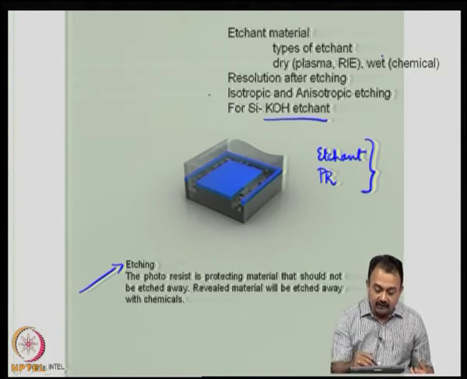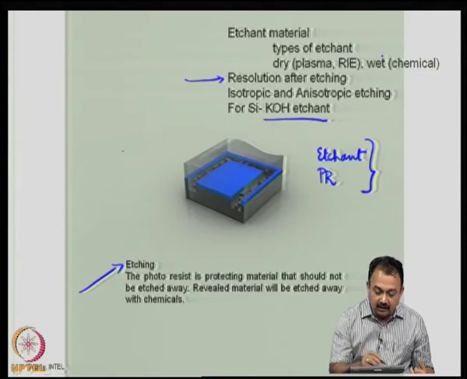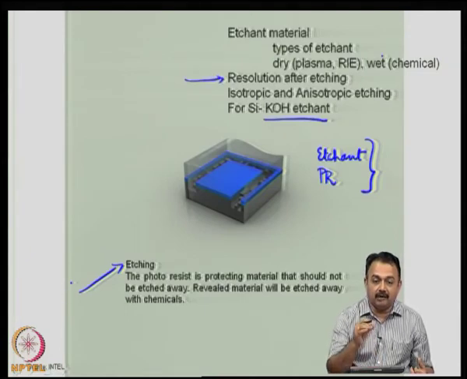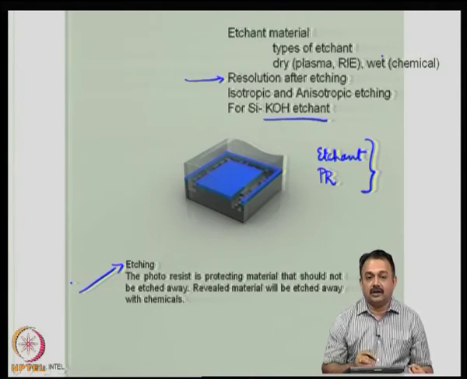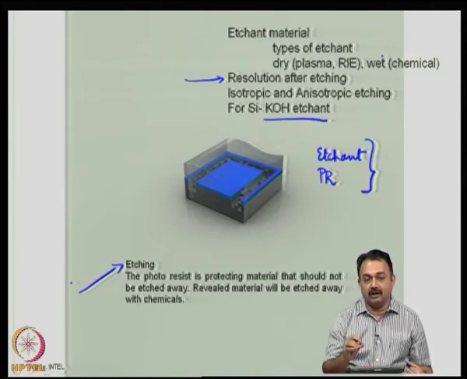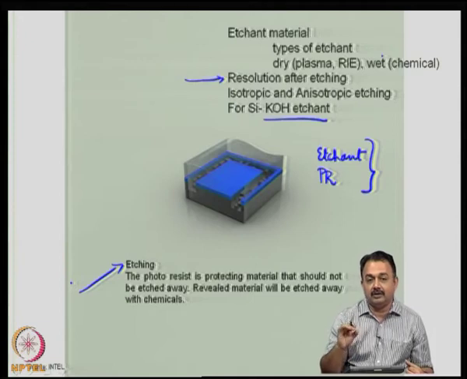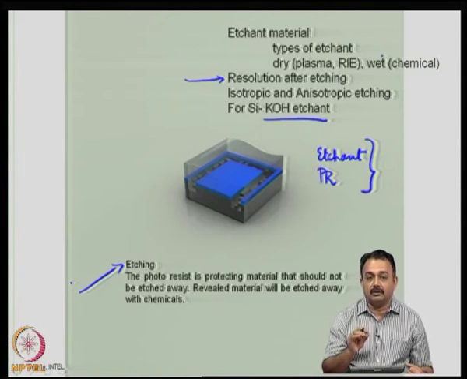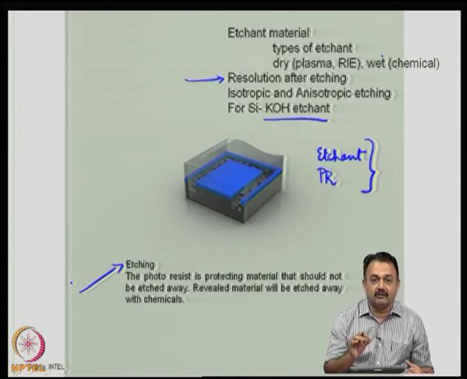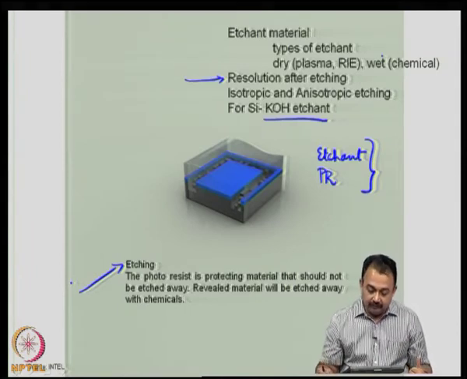Now, the resolution after etching is what is more critical, and you have to spend a lot of time examining the trace widths that you have generated after etching, and this should be equivalent to your design implementation plus minus certain tolerances. So, at every stage of the process, there are certain tolerance values that you can give and then qualify the wafer.